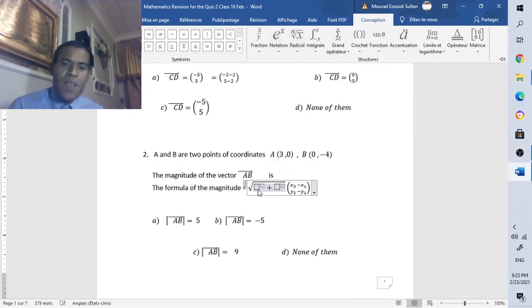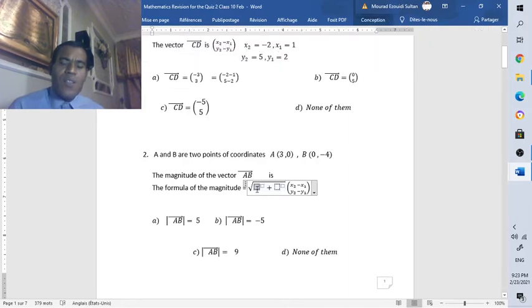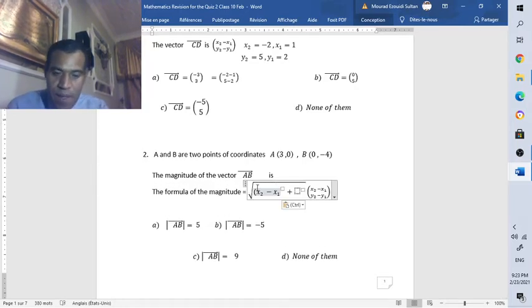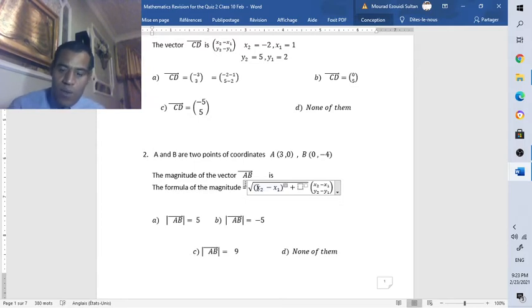Now in general, my learners, in order to find the magnitude of this vector AB, you will use this formula. You will take the difference between the components of the points, put brackets, then paste, then close the brackets with the power 2.